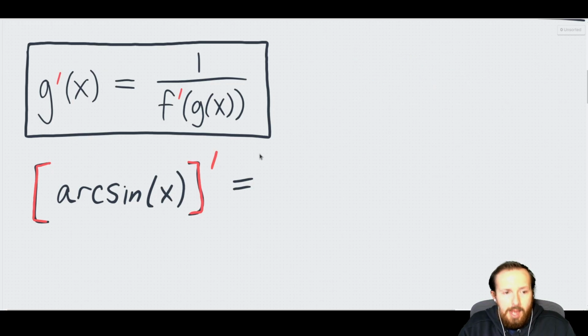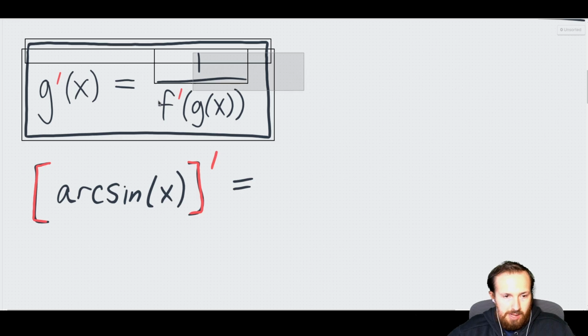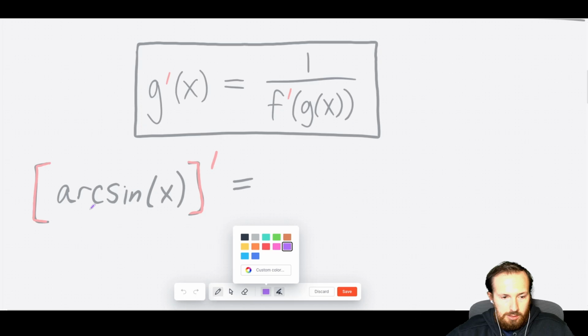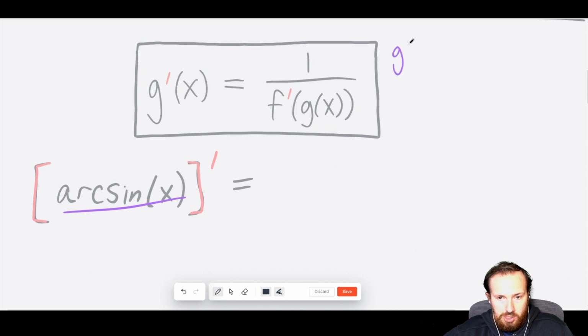But anyway, how would we do this problem? The first thing to identify is what is g and what is f. So if we just do some kind of basic pattern matching here, hopefully it's clear that g is arc sine. I'm just going to write that. Actually I'll write it like this. g of x is equal to arc sine, which is what we're trying to find the derivative of.